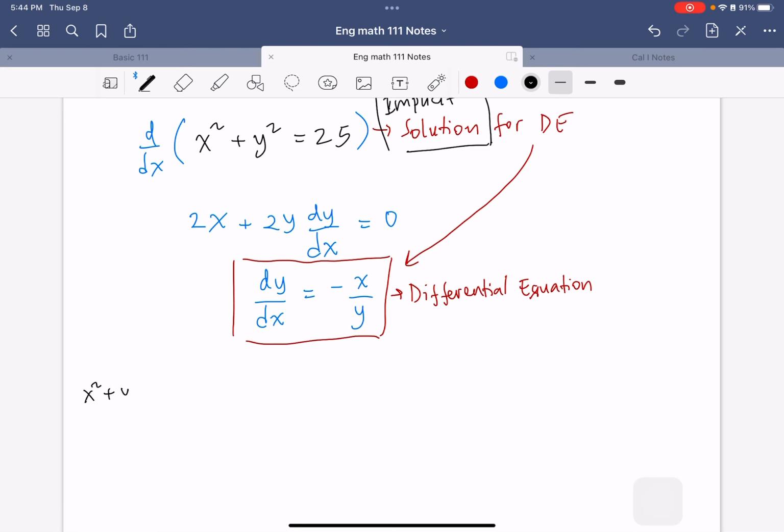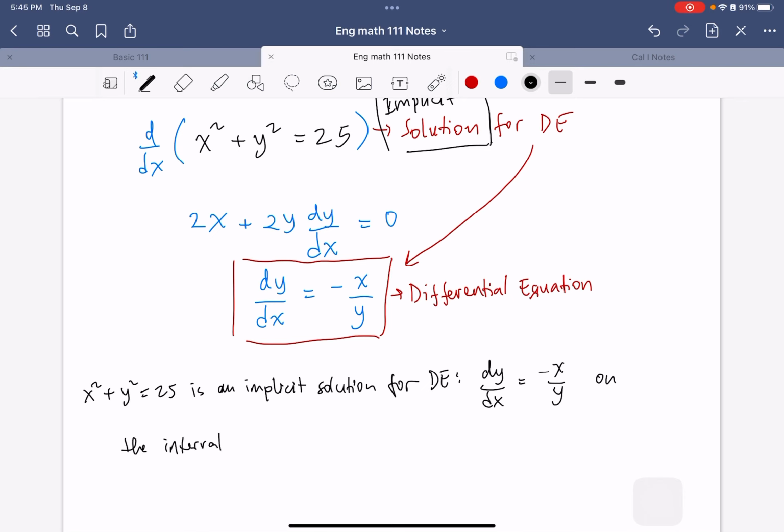We can write x squared plus y squared equal 25 is an implicit solution for the DE, that is dy over dx equal negative x over y, on the interval defined by negative 5 less than x less than 5.